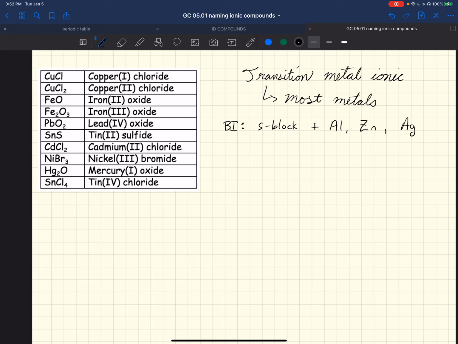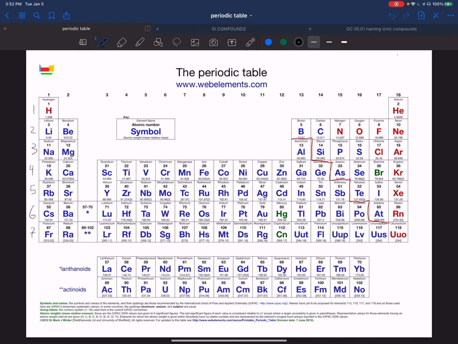Now let's go to our periodic table. Here's aluminum, here's zinc, here's silver. They're right next to each other. The great thing is that we can figure out aluminum's charge pretty easily. Aluminum's nearest noble gas is neon, so aluminum has a charge of +3.